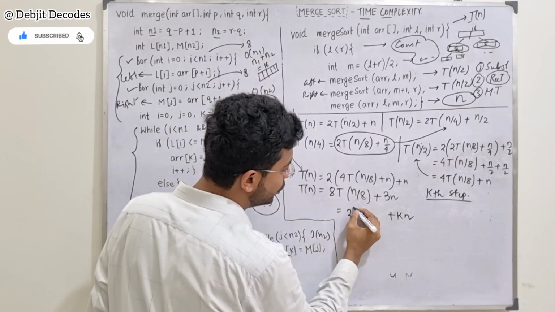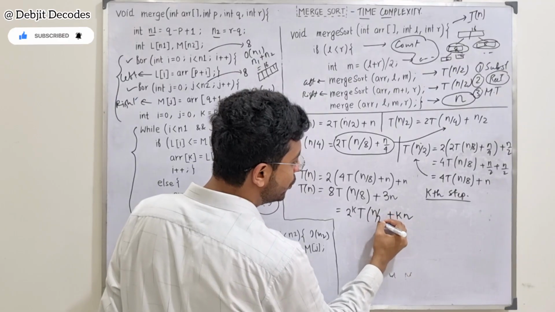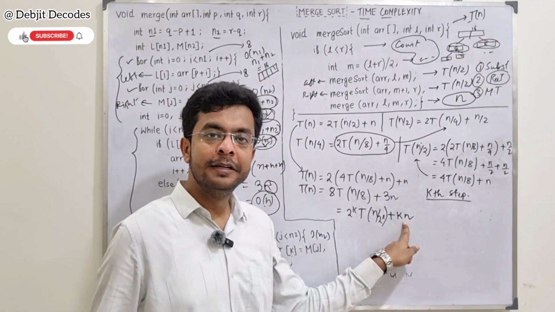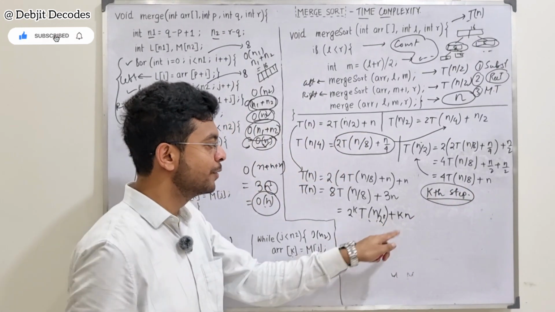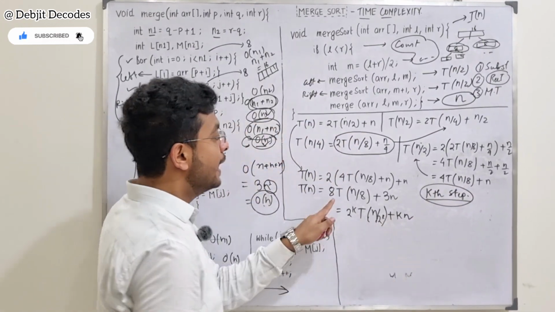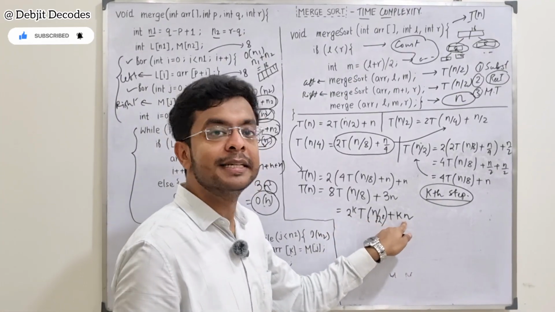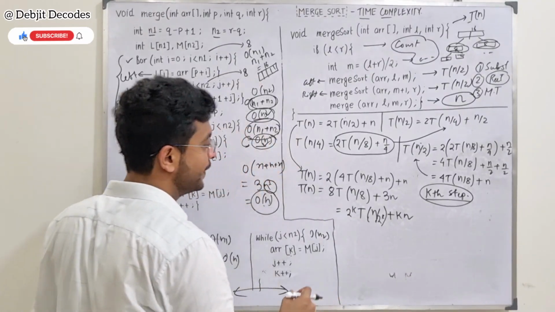So it is 2 to the power k. 2 to the power k into T of n by 2 to the power k, plus k into n. This is the general equation if it stops at the kth step.